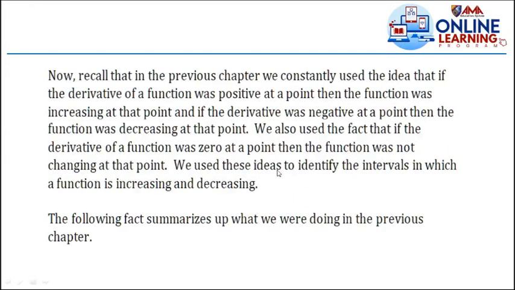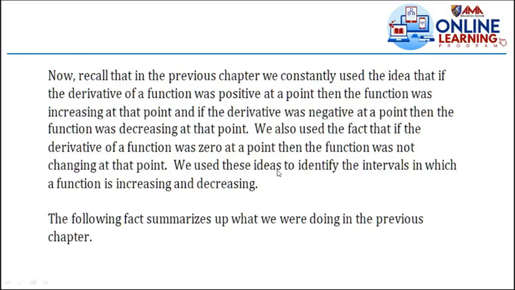Now recall that in the previous chapter, we constantly used the idea that if the derivative of a function was positive at a point, then the function was increasing at that point. And if the derivative was negative at a point, then the function was decreasing at that point.